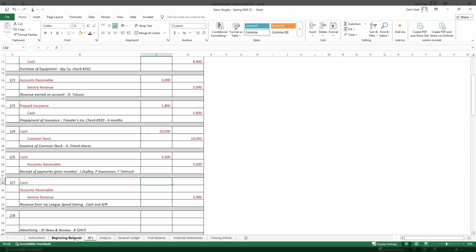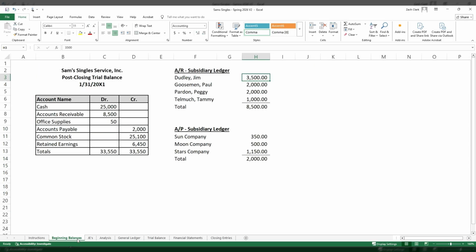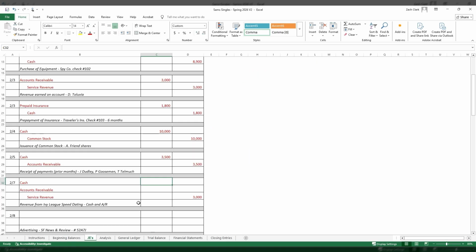And as it mentions here, if we read the instructions, all but 2 of the participants paid us. So all but 2 would be 48, because it was 50 total, times 60 equals 2,880, 48 people paying $60 per person.